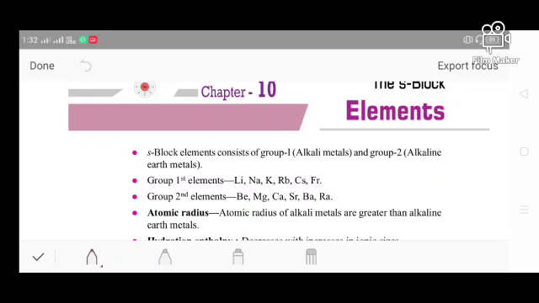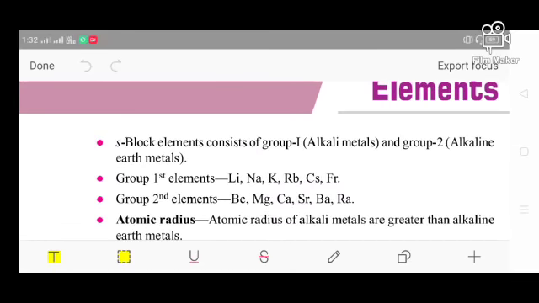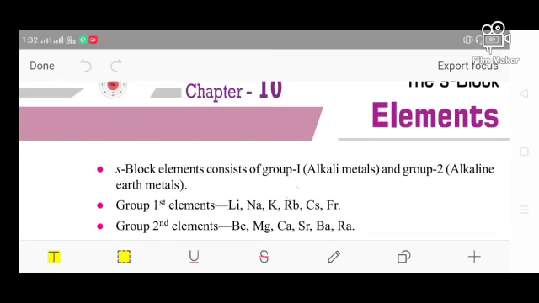Okay. So generally, when I am discussing the S block elements, you might think that it is a very small block, because it is present at the left hand side. The block that I am going to discuss generally has only two groups.